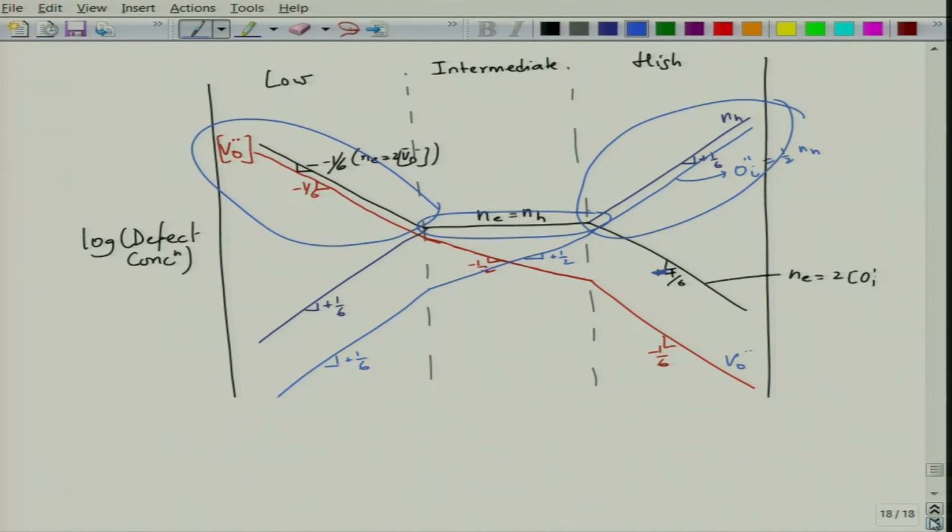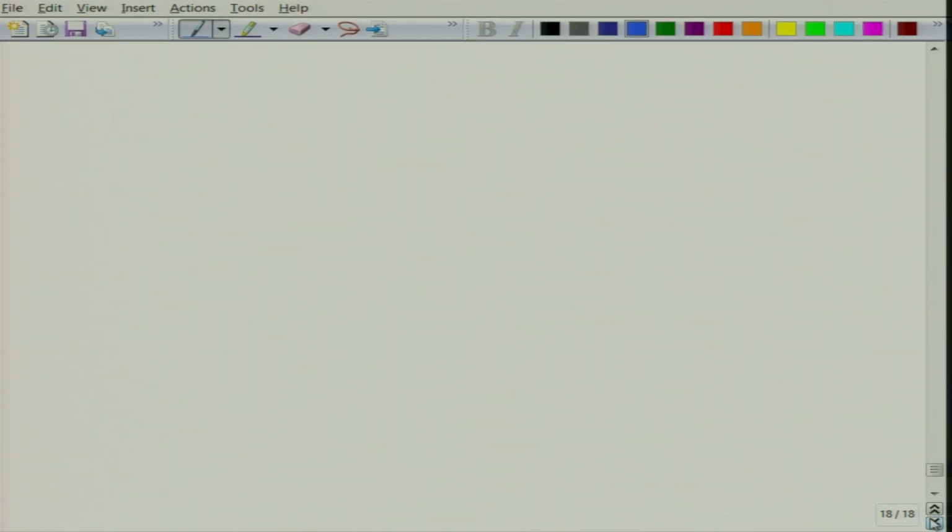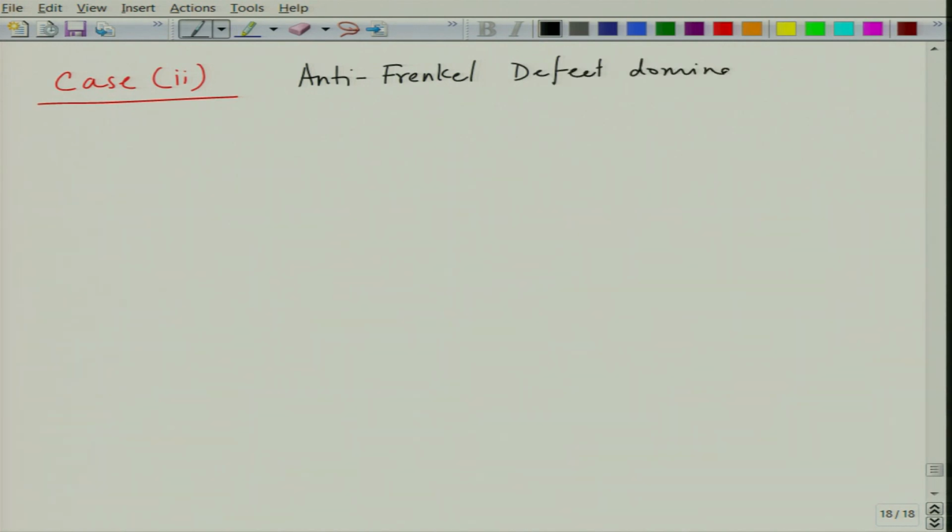Now let us say the second scenario, case 2, is that instead of having intrinsic ionization, we have internal disorder, that is anti-Frenkel defects dominate in moderate PO2s.